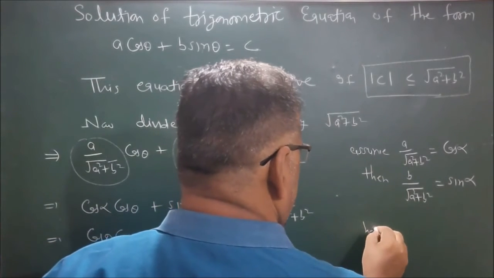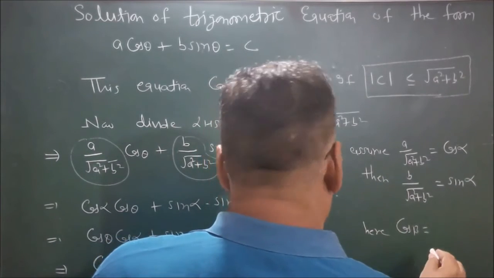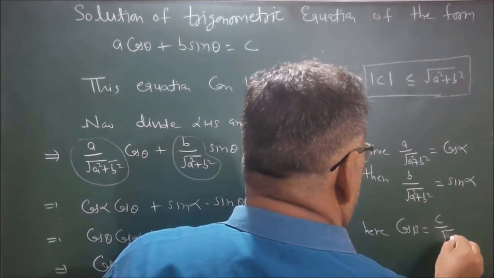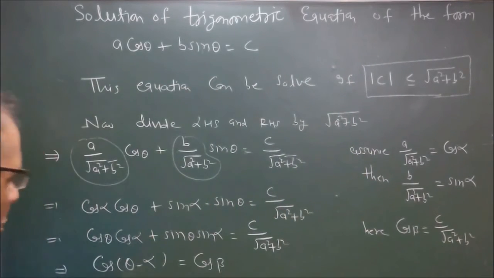Here cos beta is replaced by the value c upon under root of a square plus b square. Now apply the identity: theta minus alpha equal to 2n pi plus minus beta. Now taking positive and negative sign, we can find the general solution of this type of trigonometric equation.